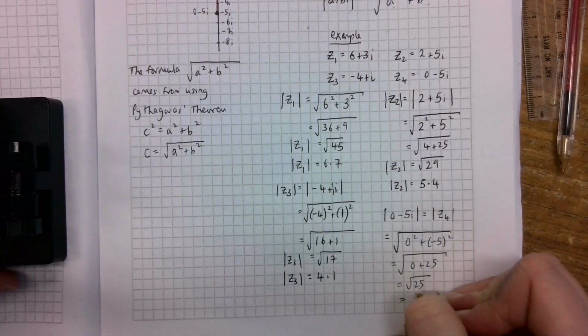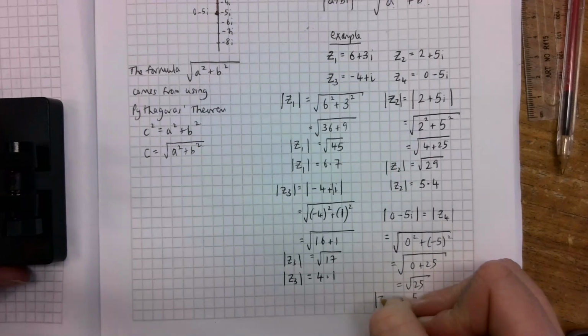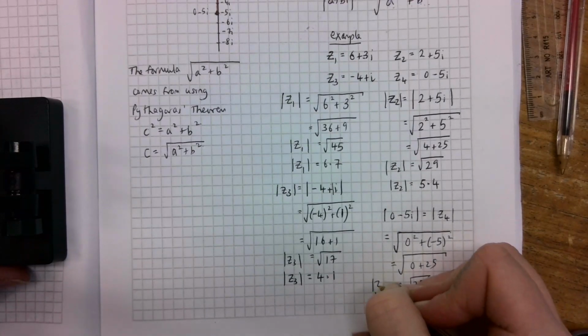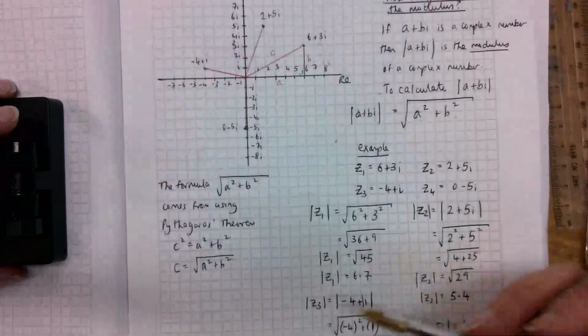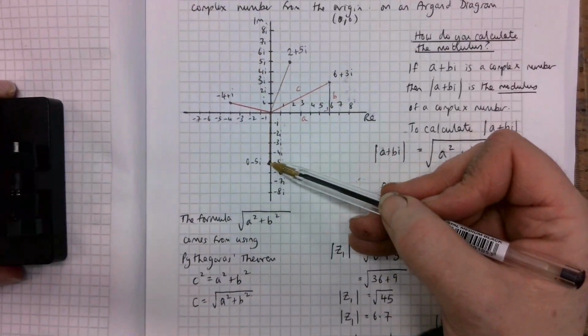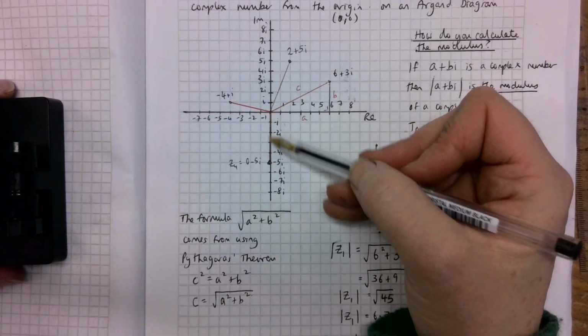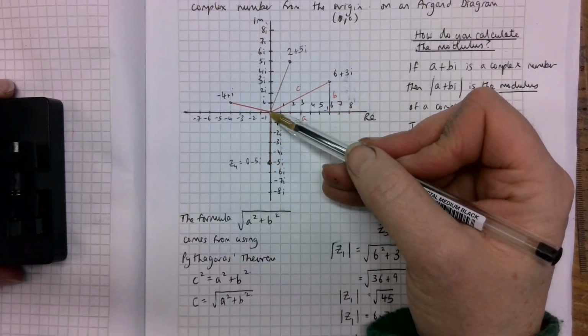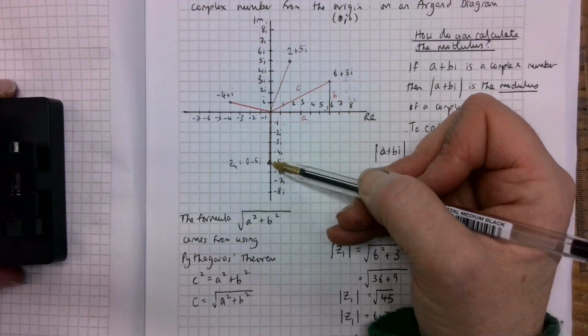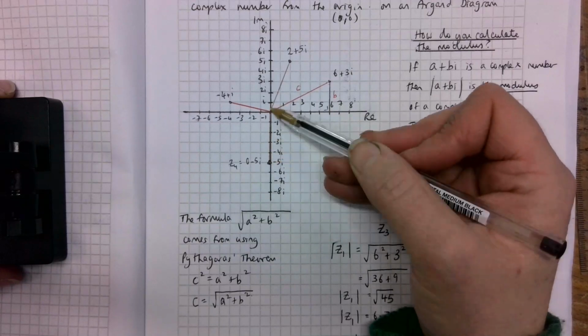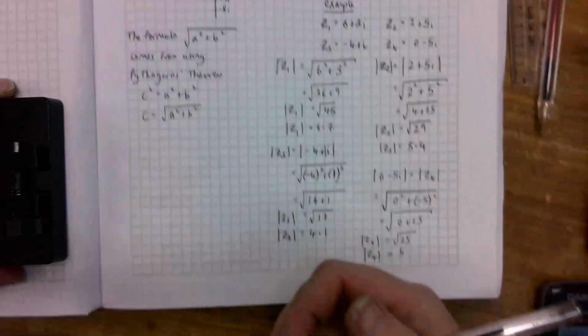Of course that makes sense, because if we look at z4, it's straight up to the origin, 5 units down from the origin, so that's a distance of 5. That's what modulus means.